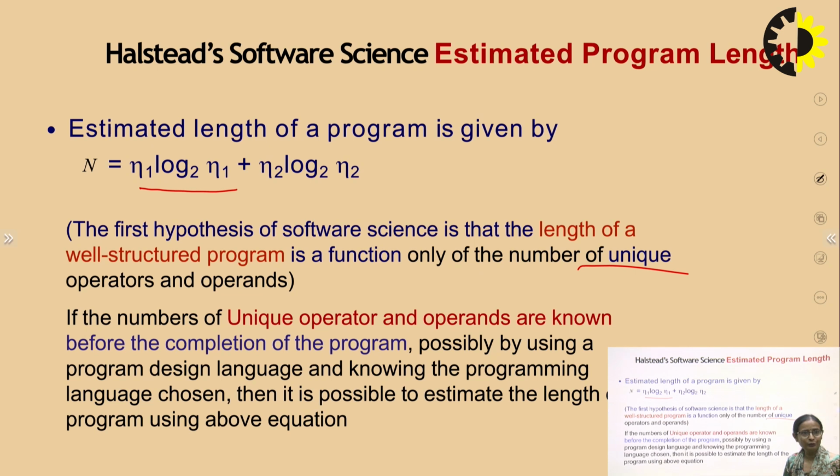If the number of unique operators and operands are known before the completion of a program, possibly by using a program design language, that is PDL, and knowing the programming language chosen, because we could have different programming languages with different constructs, so we need both the PDL as well as the language platform, then it is possible to estimate the length of the program using the above equation.